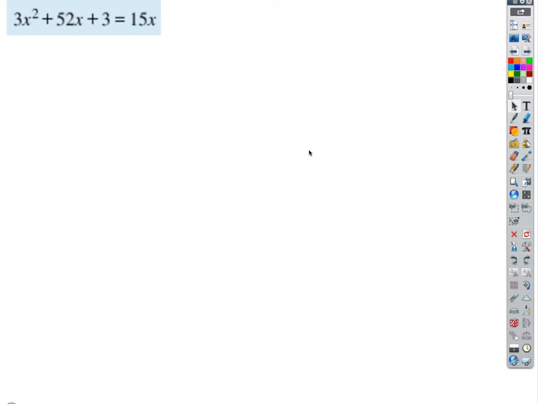Okay, same kind of thing here. This time, let's see, we could subtract 15x from both sides. And what's that going to give us? So we're going to get 3x squared plus 37x plus 3 equals 0.